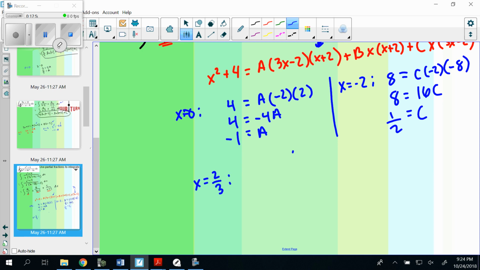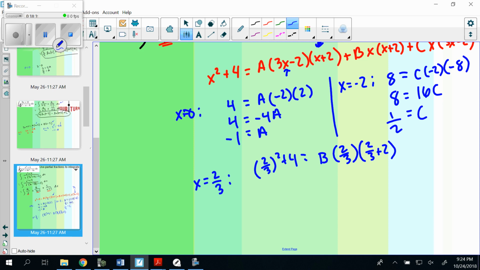So putting 2/3 in that first one, we'd have 2/3 squared plus 4. 2/3 is going to make that equal 0. This b one, though, is still there. We'd have 2/3 times 2/3 plus 2. And then the last one, that c one's going to eliminate and be 0.